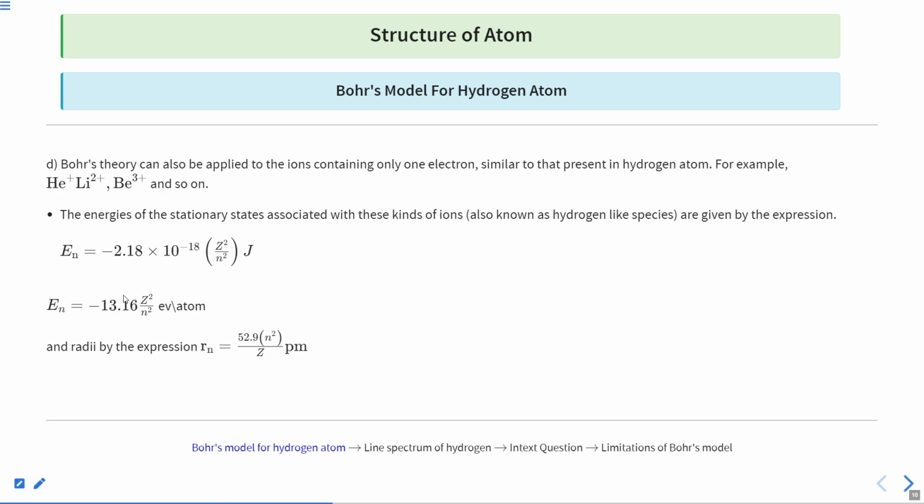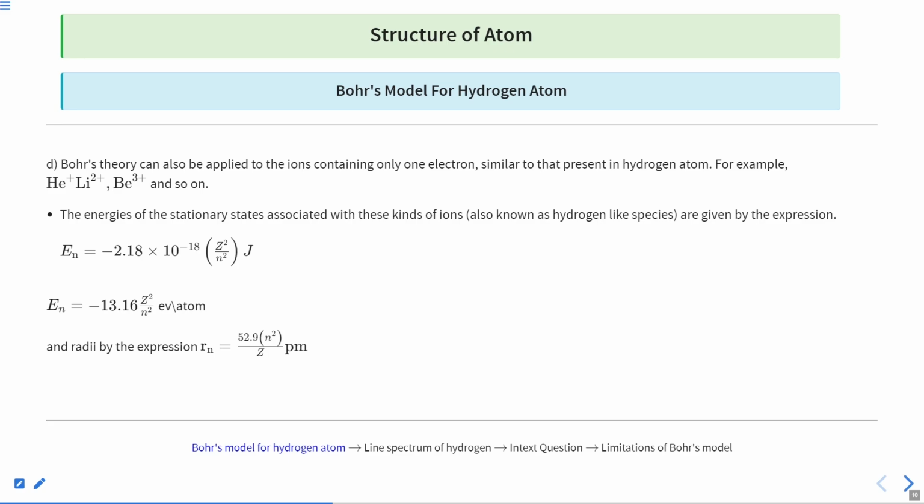This is the energy in joule; to convert joule into electron volt, divide by 1.6 into 10 to the power minus 19, and that will give you the energy of the nth shell. Clear? Got it? So here the formula is z square by n square. For radius it was n square by z, and for energy it is z square by n square.